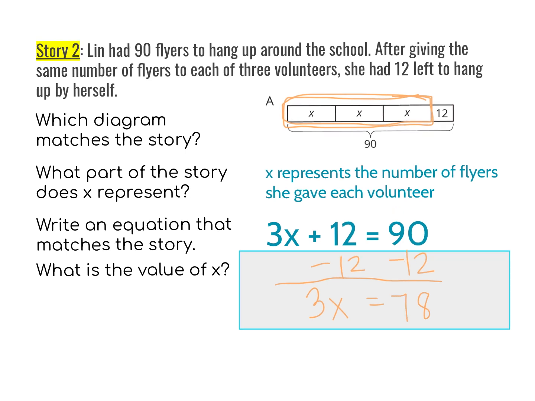So that means 78 of the 90 were divided up into 3 equal groups. To find out what that missing number is, I'm going to divide 78 by 3, and I will get x equals 26. So each volunteer got 26 flyers.